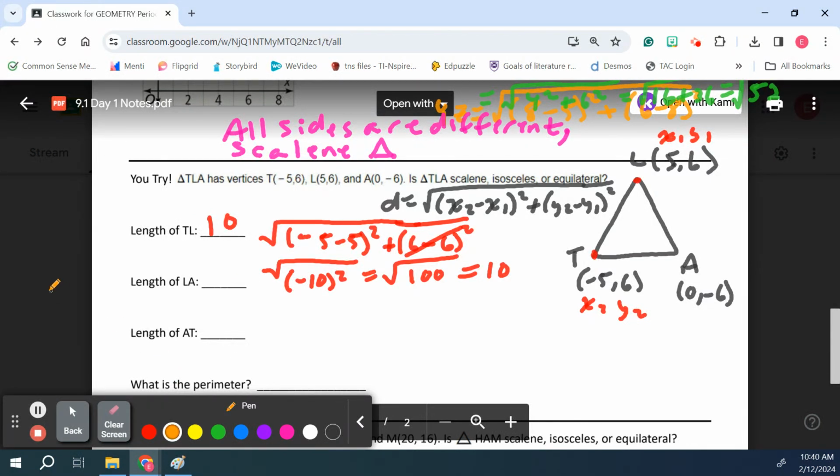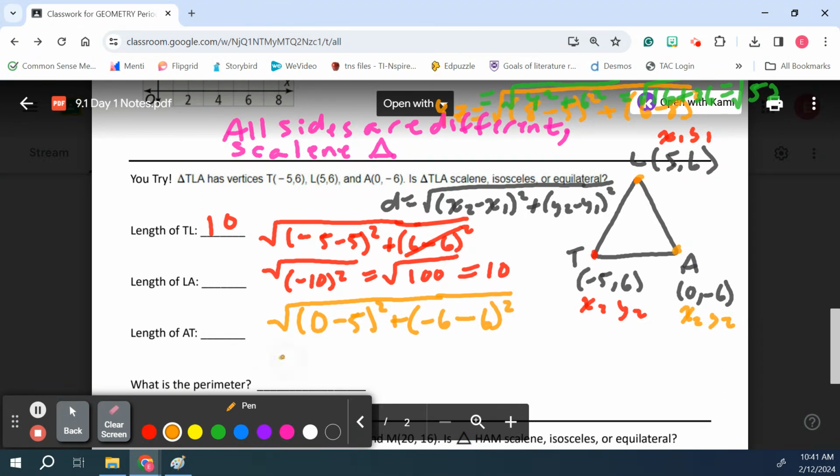Let's take a look at LA. In this case, we're using this point and this point. So again, I'm going to keep this x1, y1 and make this x2, y2. Applying that distance formula, I'm going to have 0 minus 5 squared plus negative 6 minus a 6 squared.